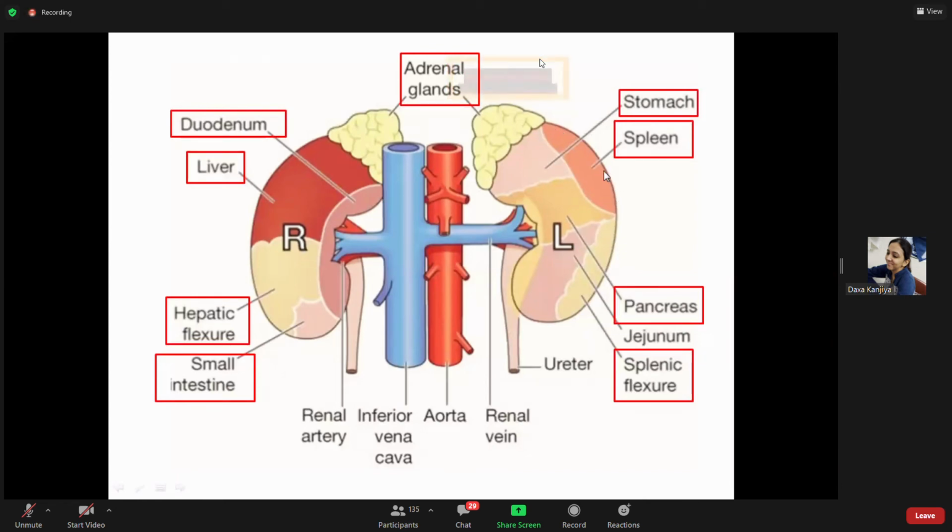So the upper one-third portion of the lateral border is related with the spleen. Lower two-third portion is related with the colon. Area against hilum of the kidney is related with the pancreas and splenic vessels. Triangular area is related with the stomach, and the lower portion is related with the coils of jejunum.